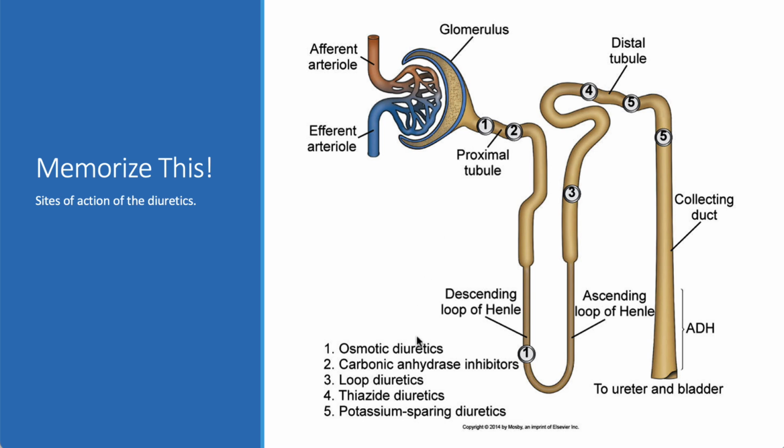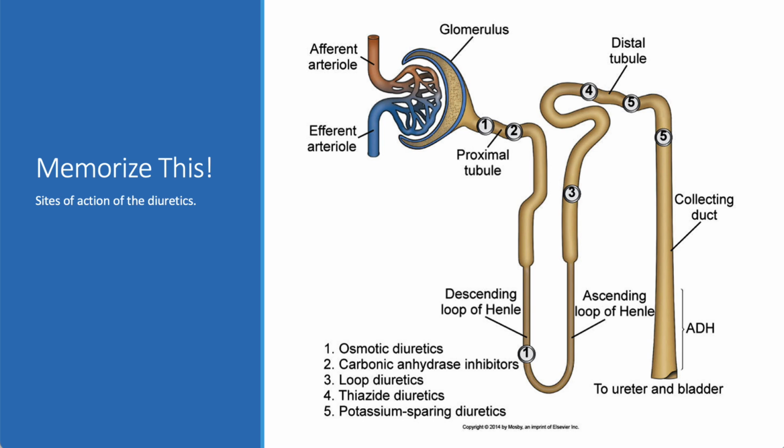That's two of the types of diuretics that we have. The loop diuretics work in the distal or ascending loop of Henle. That's where the loop diuretics do their thing. There's some action from the osmotic diuretics in the descending loop. And then thiazide diuretics and potassium-sparing diuretics do their work in the distal convoluted tubule and the collecting duct.